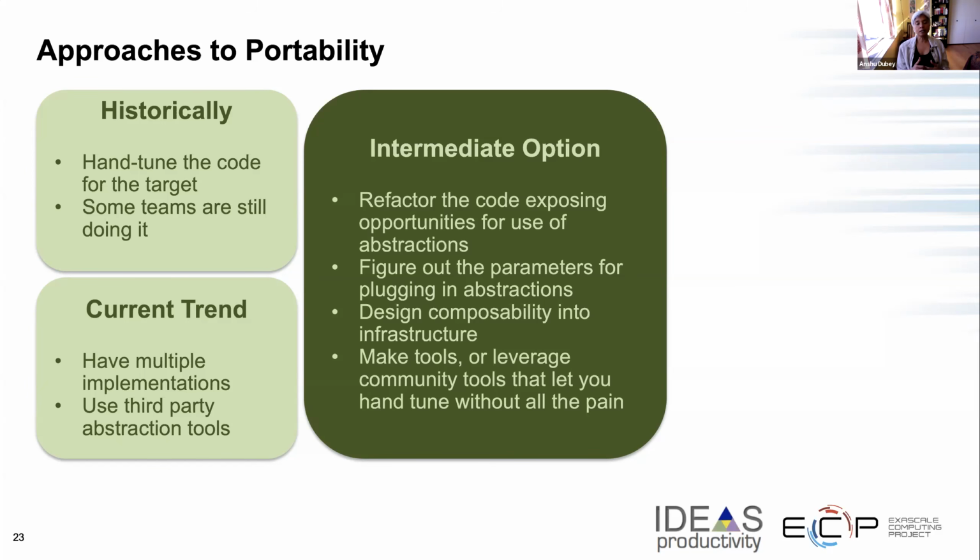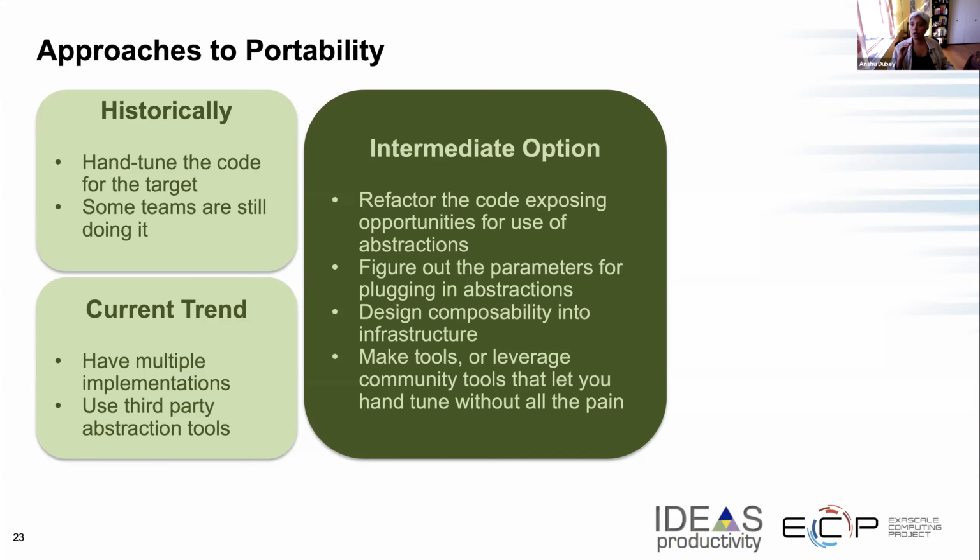And the third part is that one need not rely on these really all-or-none abstraction models. If one understands the abstractions that one has to use, then one can make tools or leverage community tools that let you hand tune without all the pain of having to hand tune.